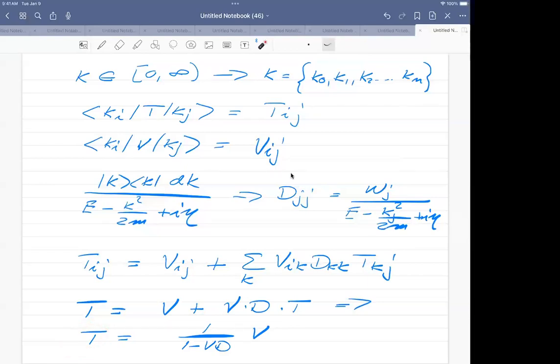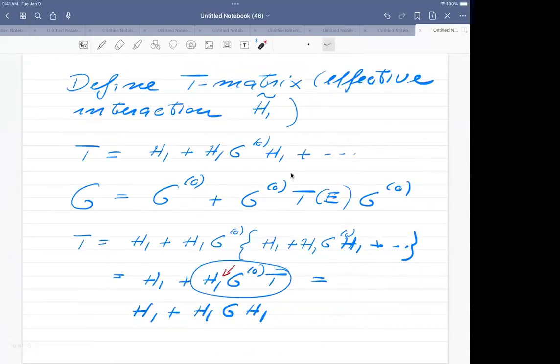And when you have the T matrix for this scattering problem, so this is actually a free particle or two free particles if you transfer into relative system of motion and center of mass, then you end up with an equation which you can solve either for the one body or the two body problem. So if you have a two body problem and you transform that one to the relative coordinates and the center of mass coordinates, this is the same as you moving from a two body problem to a one body problem, because normally a potential which you have, like this interaction H, depends only on the relative distance.